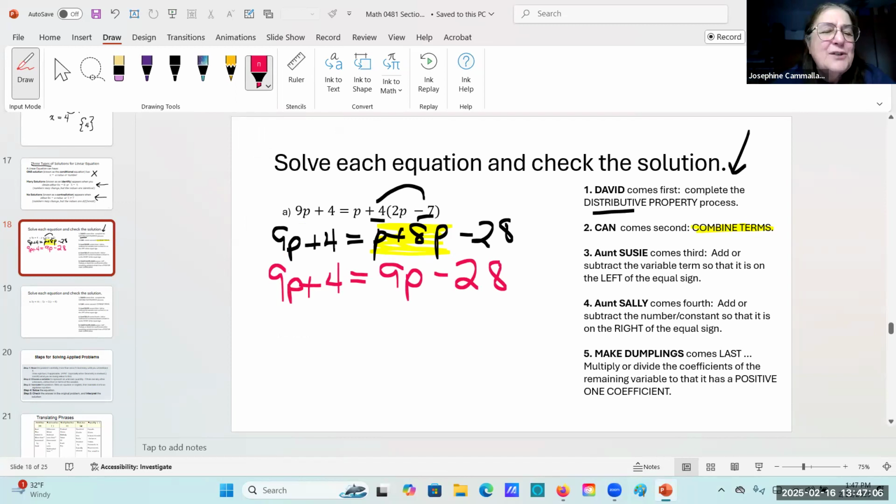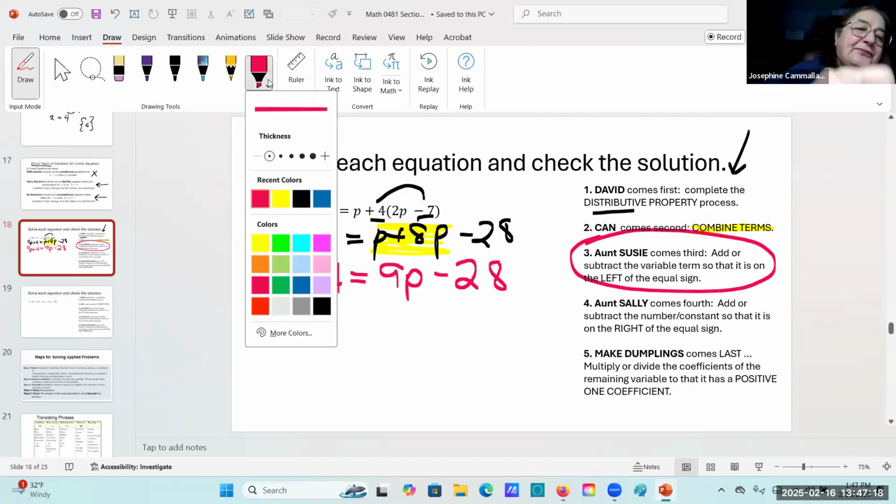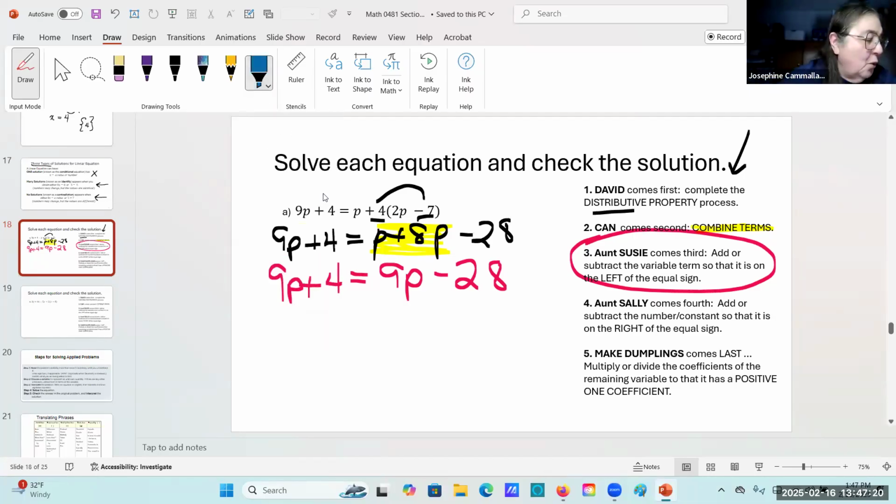Now, this is where you're going to have to be careful because here, the p's are going to move. Now, watch what I get. When I subtract 9p from both sides, notice what happens.